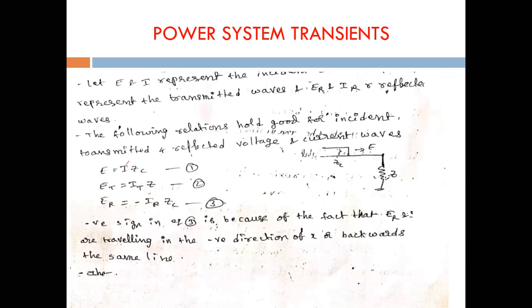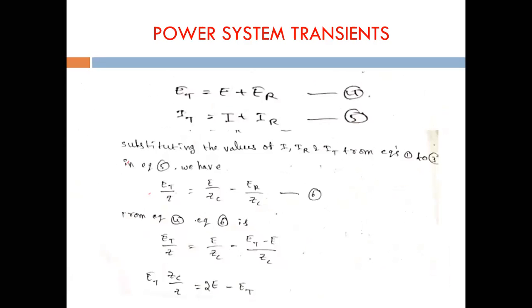That means some part of the traveling wave moves backward along the transmission line, and only some part of the wave is transmitted into the other dielectric, another medium. That's why we represent the negative sign, which indicates the backward direction.